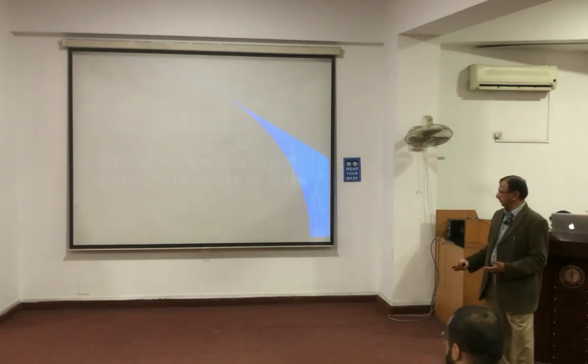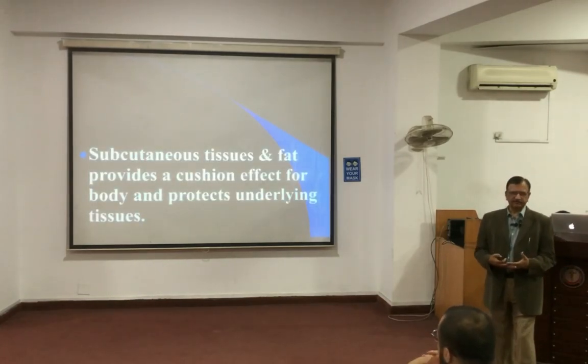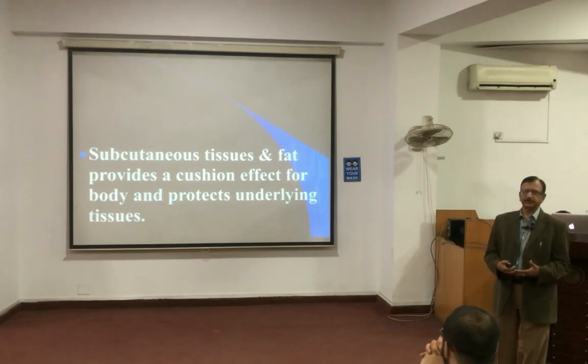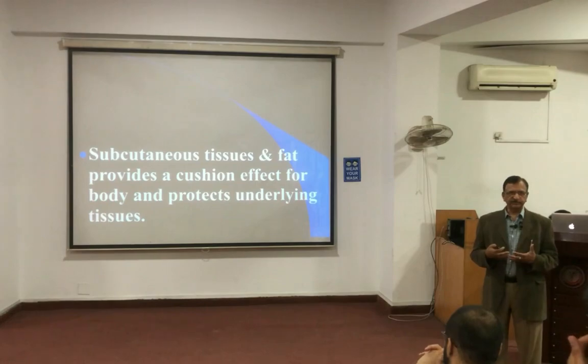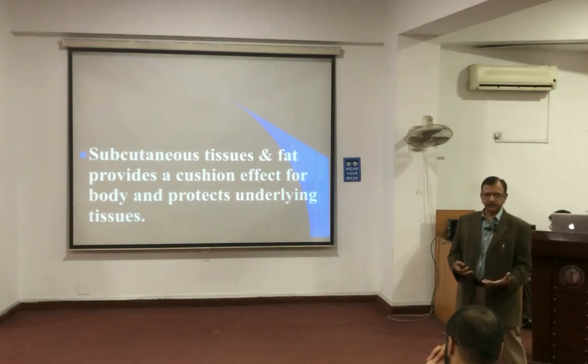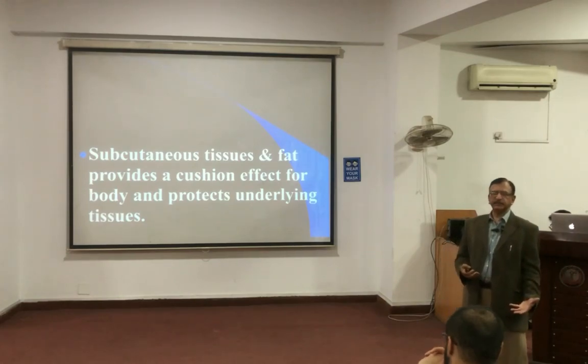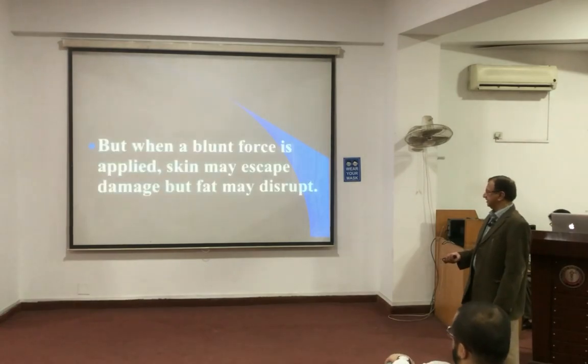But the skin is only damaged when the force is severe. Then the subcutaneous tissues, the fat, provide a cushion-like effect. It also absorbs and resists the amount of energy transmitted to the subcutaneous tissues, and it absorbs the energy being transmitted to the lower tissues. Then there are muscles.